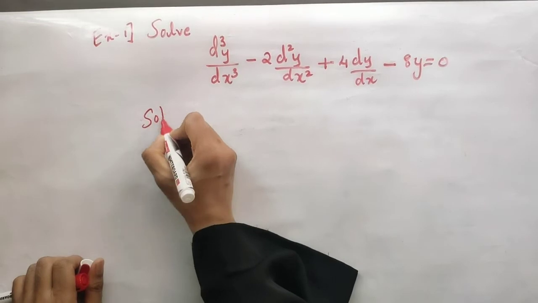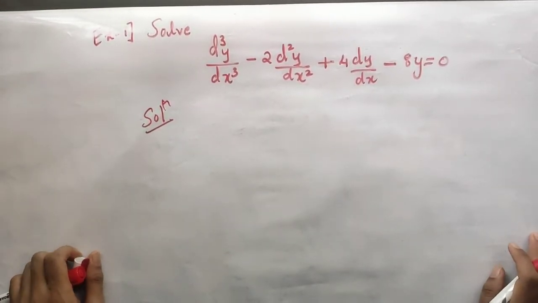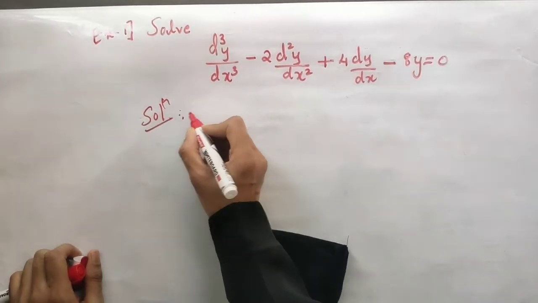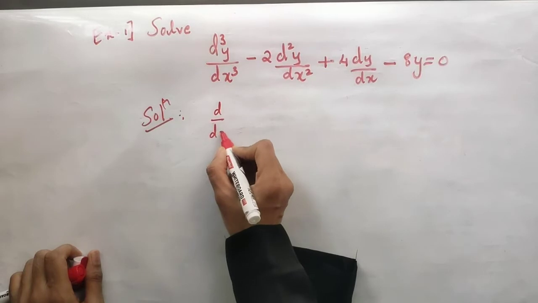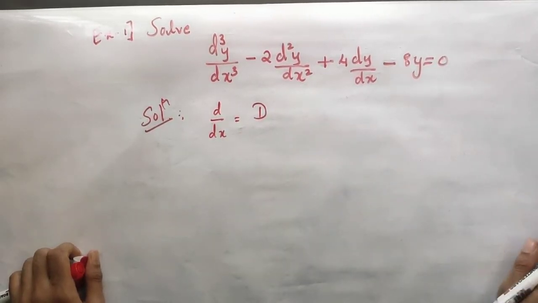How will we write the solution for this? First, I told you you have to replace every d by dx by capital D. I told you throughout this module we'll be doing this.